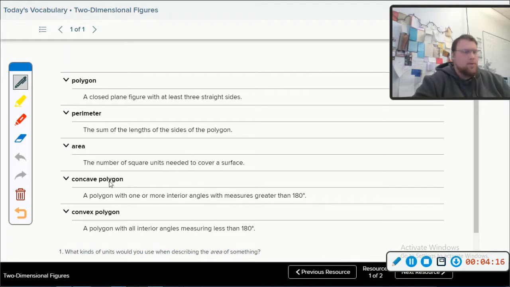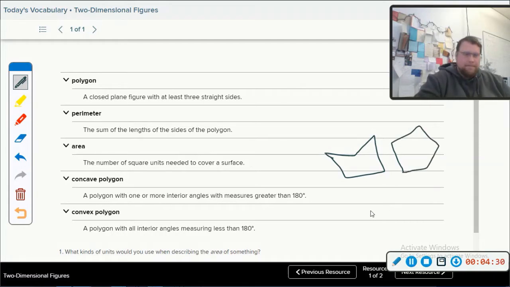All right, so a concave polygon is a polygon in which it can actually go inside like that, right? And then a convex polygon is usually our regular polygons. Okay? Those are kind of the difference there. So this is the concave, this is the convex, more regular, more the right size.